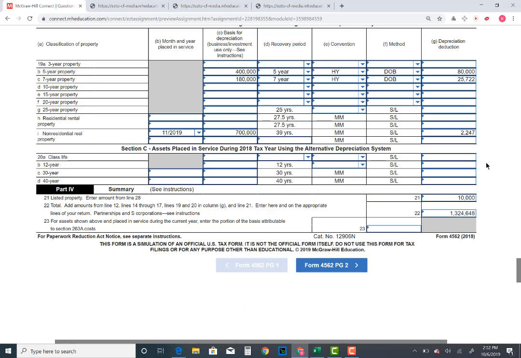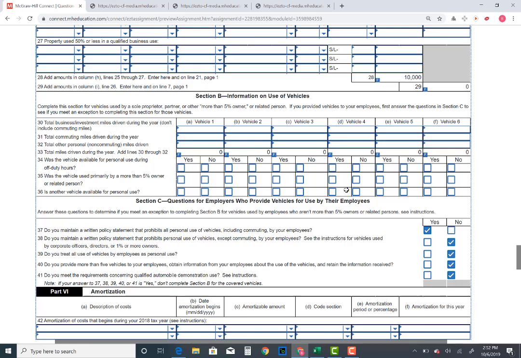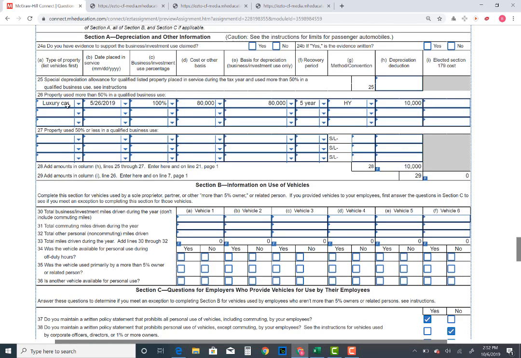The last part of the process is just accounting for that listed property. If you notice, the second page of this form is where we handle that listed property, and basically this is just transcribing that information. That luxury car that we bought for 80,000: we talked about the special rules pertaining to depreciation deductions for luxury automobiles. We're only able to take 10,000 on it.